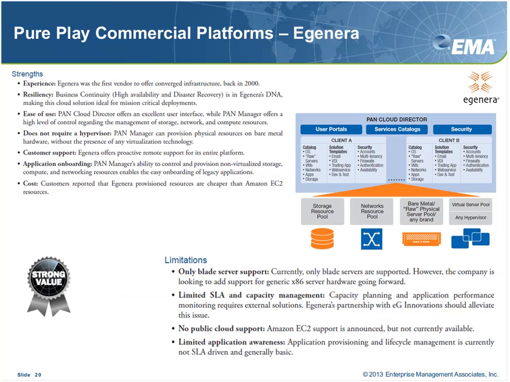Genera, strong value. The most notable feature is its built-in resiliency and its excellent provisioning of physical infrastructure resources. You can basically build a cloud only on physical servers if you choose to do so. That means that you can onboard traditional workloads much easier than with most of the competing products.